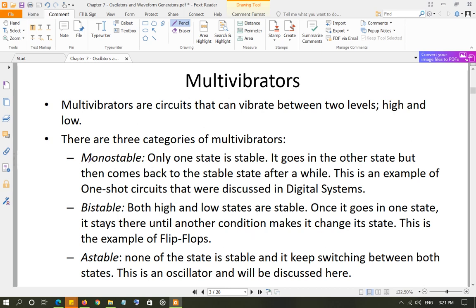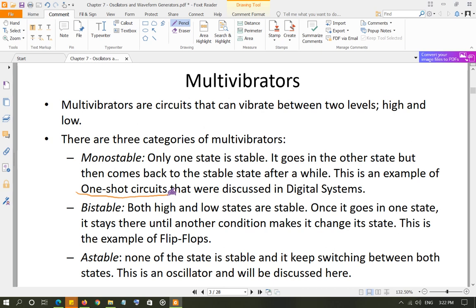Now there are monostable multivibrators, for which only one state is a stable state. In digital systems 2 specifically, we discussed one-shot circuits, which are an example of monostable multivibrators. That is, only one state is stable.